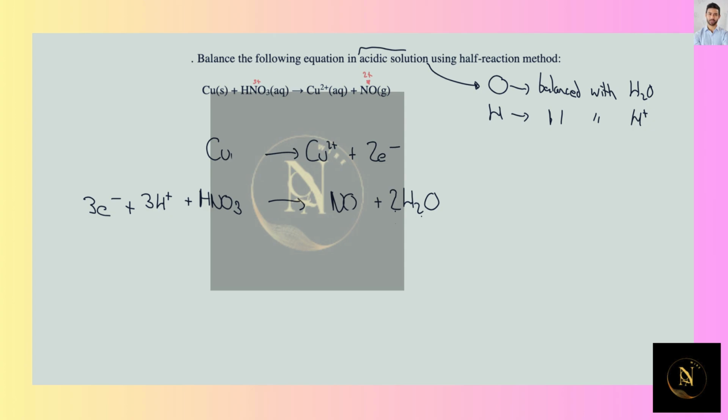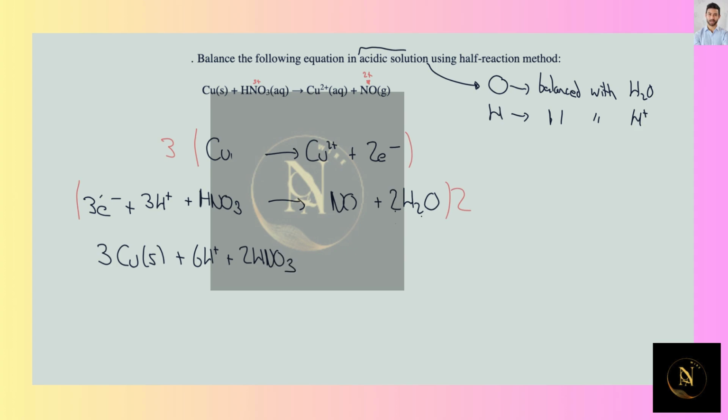Now, to get our final result, we need to multiply the first half reaction by the number of electrons exchanged on the second one, and the second reaction by the number of electrons exchanged on the first one. So our balanced reaction would be 3 Cu as a solid plus 6 protons plus 2 HNO3.